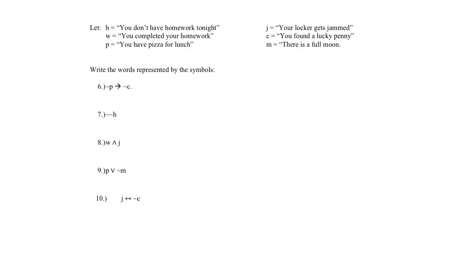All right, for these examples, now we're going to go from the symbols to the words. So they've given us the symbols and we have to write out the sentence that it really means. So for number 6, we have not P to not C. Not P, well, P is you have pizza for lunch. So not P would be that you didn't have pizza for lunch. And for not C, C is you found a lucky penny. So not C would be that you didn't find a lucky penny.